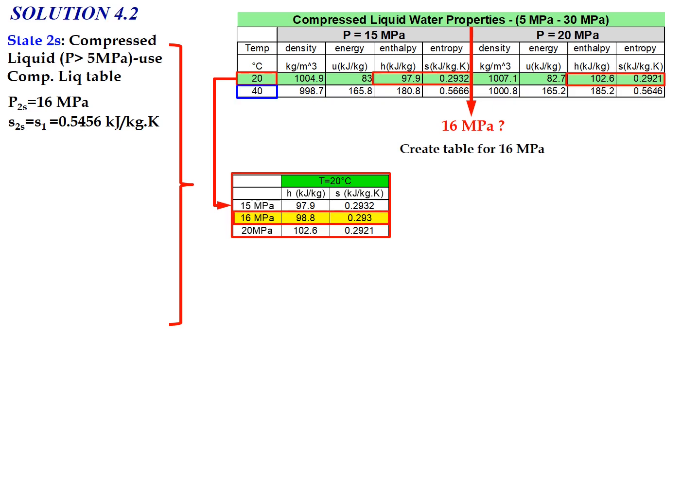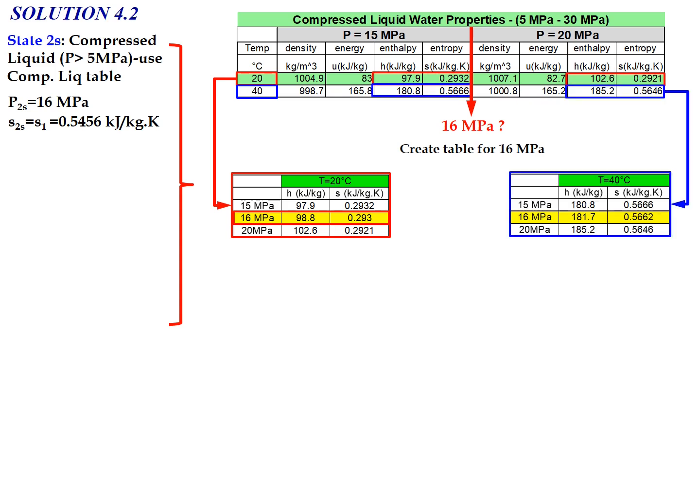Okay, and also we need to extract the data in terms of enthalpy and entropy at pressure of 15 megapascal and also 20 megapascal for temperature at 40 degrees Celsius. So the second table shows the data in terms of enthalpy and also entropy at different pressure for the temperature condition at 40 degrees Celsius.